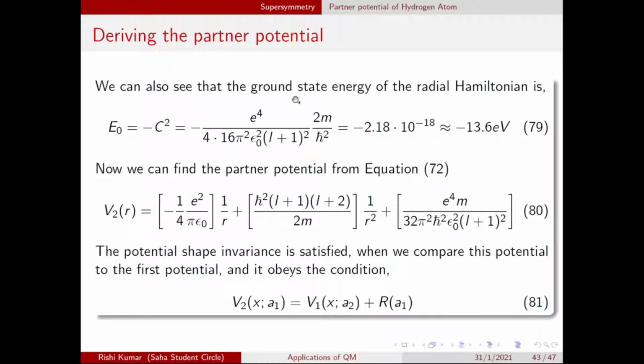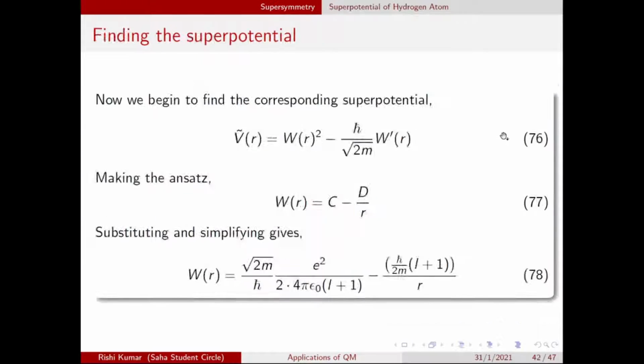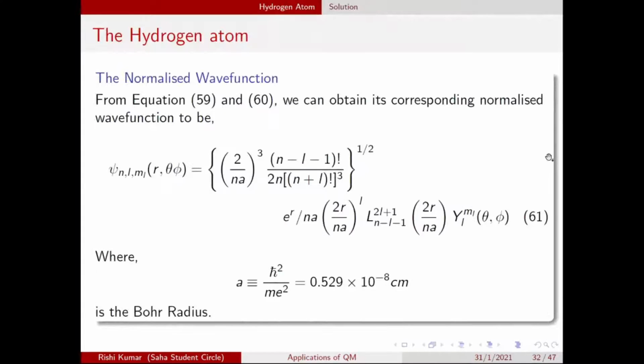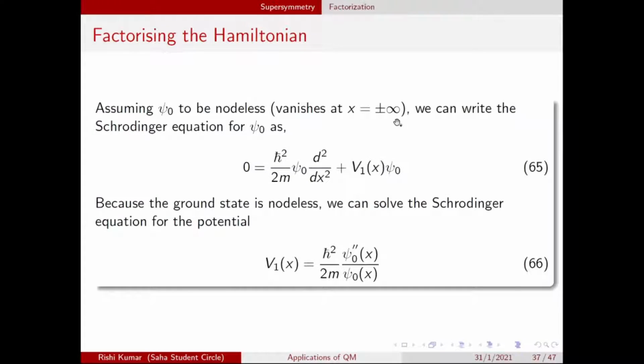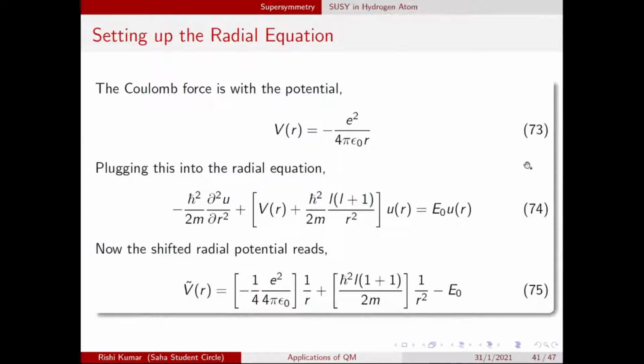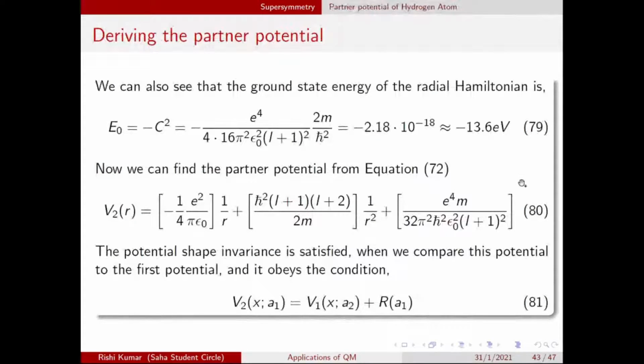And if you just substitute the values here, you can see that this entire thing approximates to negative 13.6 electron volts. Now, if we go back, that is exactly what we found out here, right? Which is negative 13.6 electron volts. So we can see that this approximation is very close to what we got previously, right?